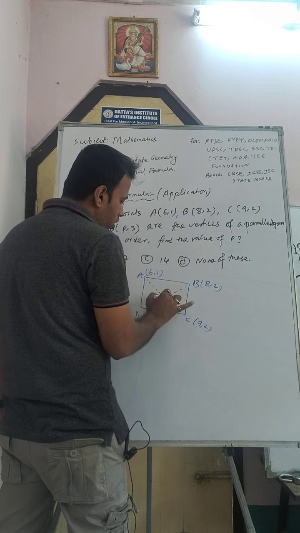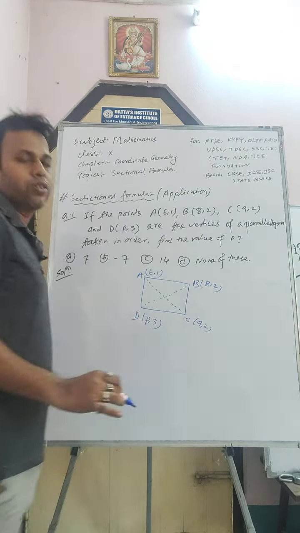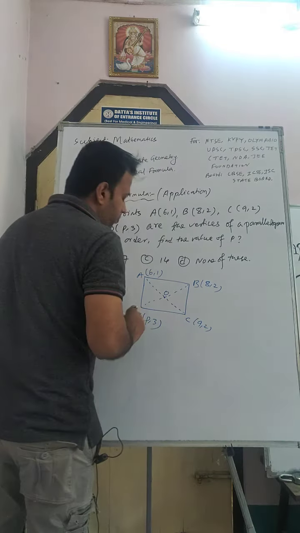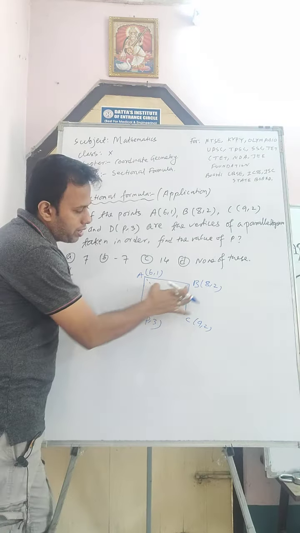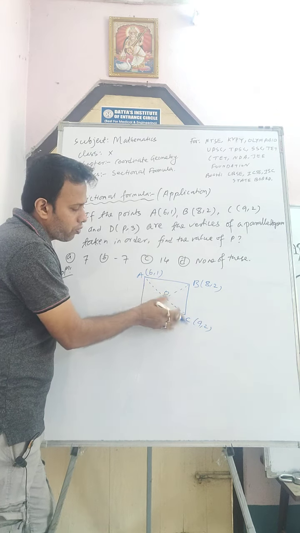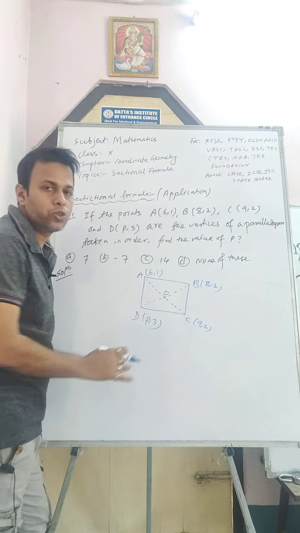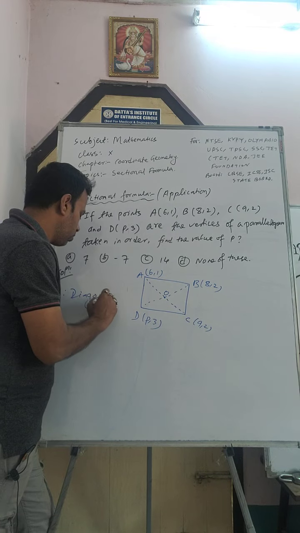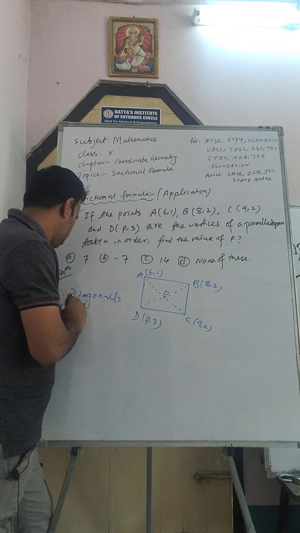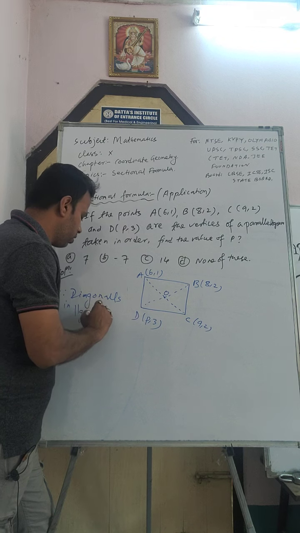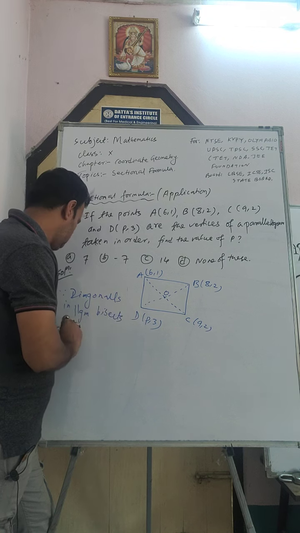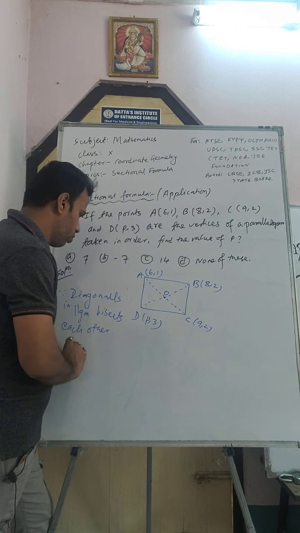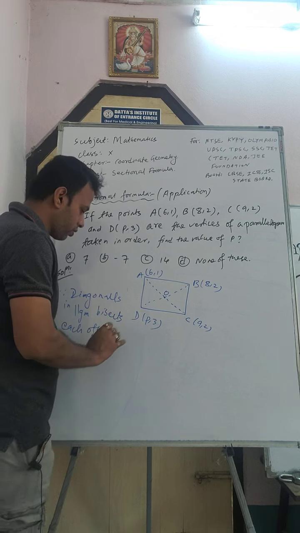Now in a parallelogram the diagonals bisect each other. So this is the midpoint. So O is the midpoint of AC and O is also the midpoint of BD. So since the diagonals in a parallelogram bisect each other, therefore O is the midpoint.